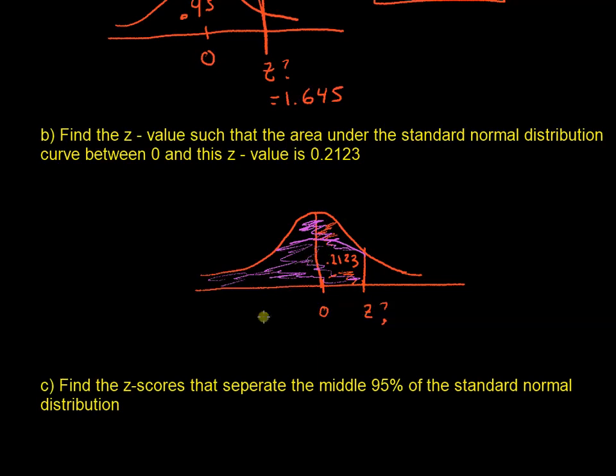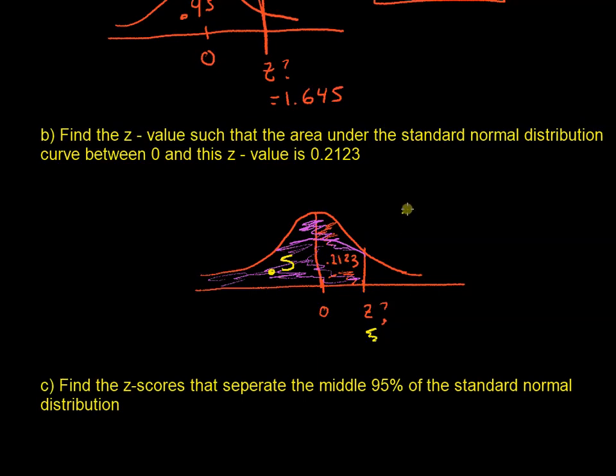So what's the area back here, behind 0? Well, that area is 0.5, because half of the distribution is less than 0. If you look up 0 in the table, it'll tell you it's 0.5.